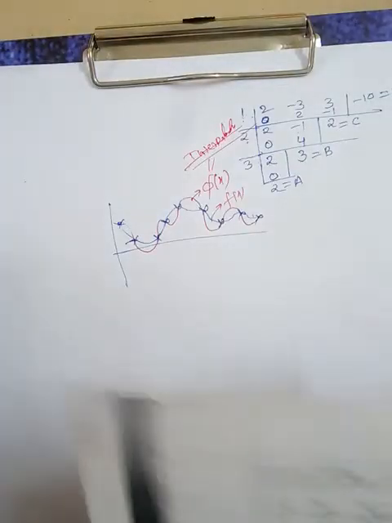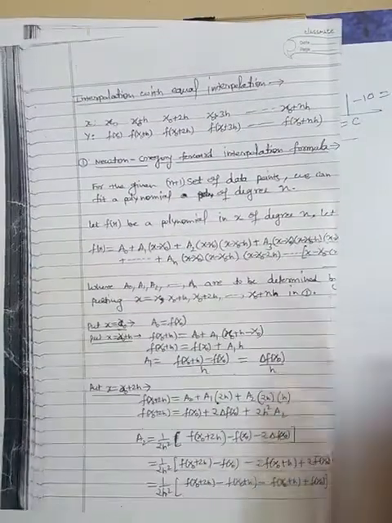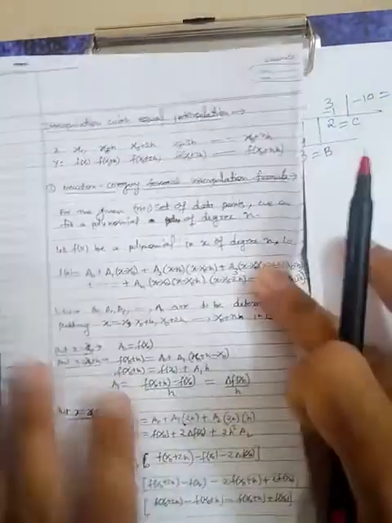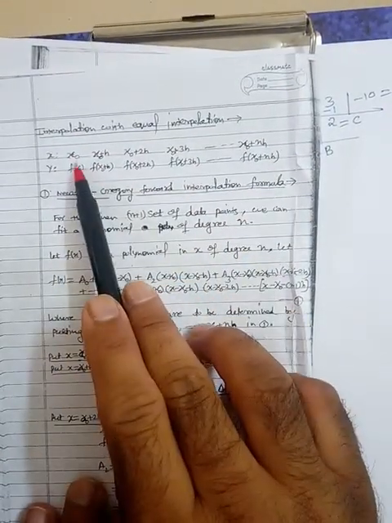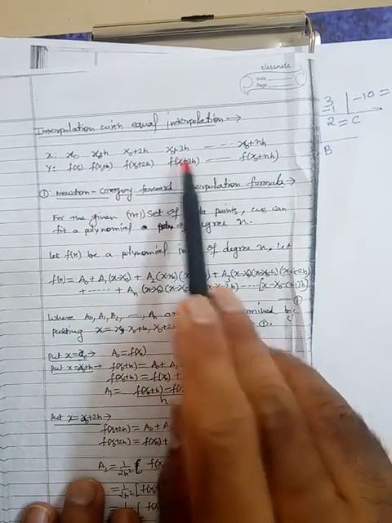So here is the first one. Here we have fixed step size, and suppose data is this: x0, x0 plus h, x0 plus 2h, x0 plus 3h, up to x0 plus nh, and these are the corresponding values of f.